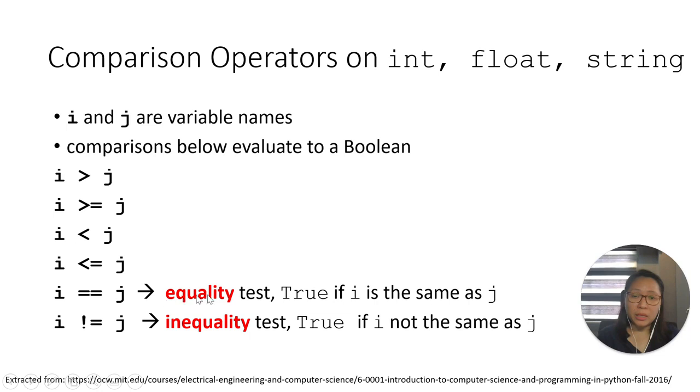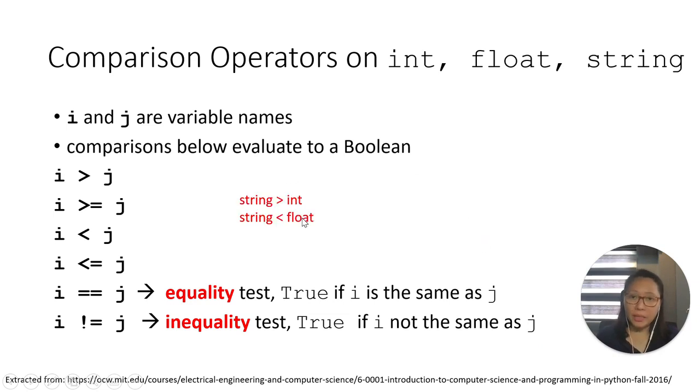It gives true if i is the same as j. And then the last example is not equal, or the inequality test. This is the exclamation mark followed by the equal sign. So this one is true if the value i is not the same as the value j.